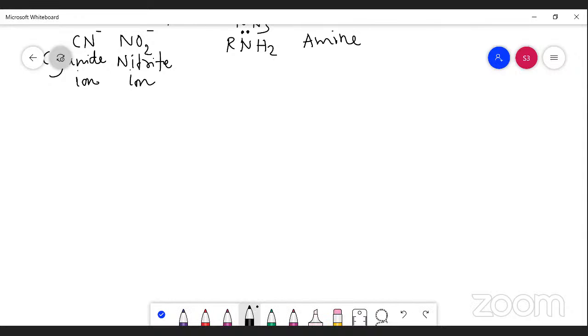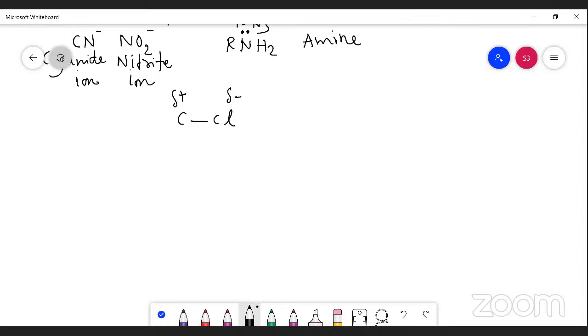We know about the polarization of the haloalkanes. If I take carbon and Cl, we assume carbon has a positive character and Cl a negative character.